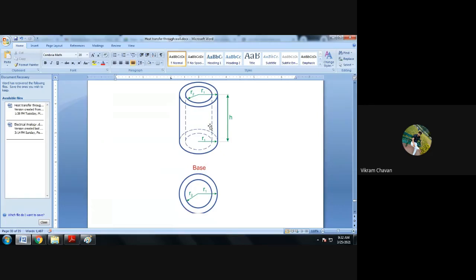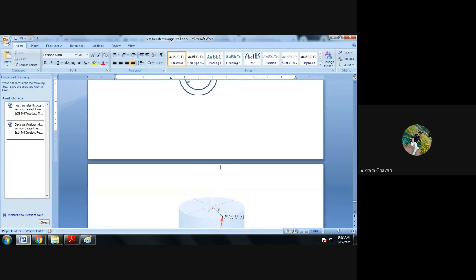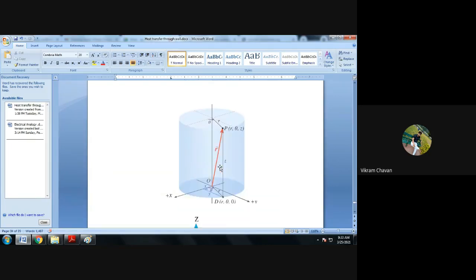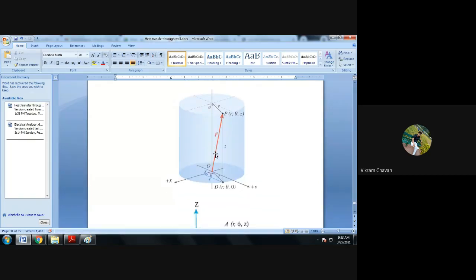In the front view, you will see the height of that cylinder, and in the top view, we will see the two radii, or the cross section area of that cylinder. Now imagine what is meant by a cylinder from this diagram. How do we measure the coordinates in a cylindrical geometry?